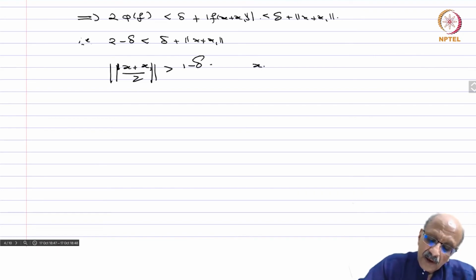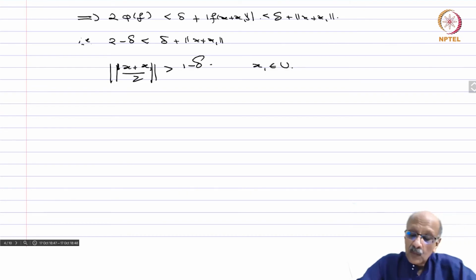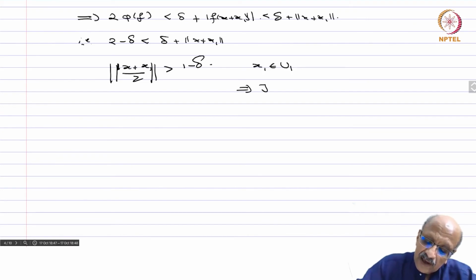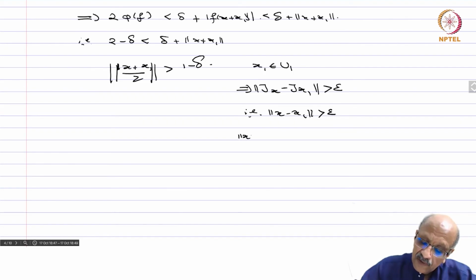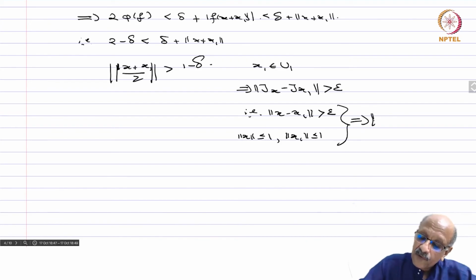But x1 belongs to u1, that we haven't used that fact, and that implies that Jx minus Jx1 is bigger than epsilon, that is norm x minus x1 is bigger than epsilon. And we also know that norm x is less than or equal to 1, norm x1 is less than or equal to 1, because both of them are elements of B. So these two, and uniform convexity, imply that norm of x plus x1 by 2 should be less than 1 minus delta, and that's a contradiction.